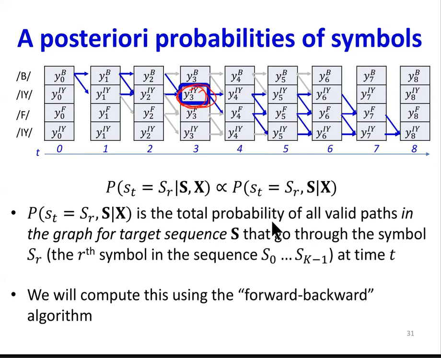That the probability that a randomly chosen alignment will go through this node is the total probability of all paths that go through this node, which is the total probability of the entire subgraph that goes through this node, right?